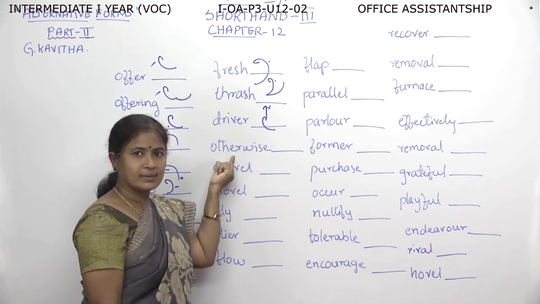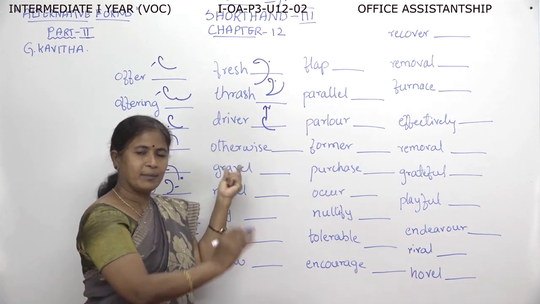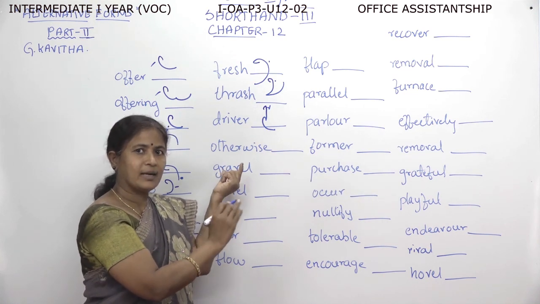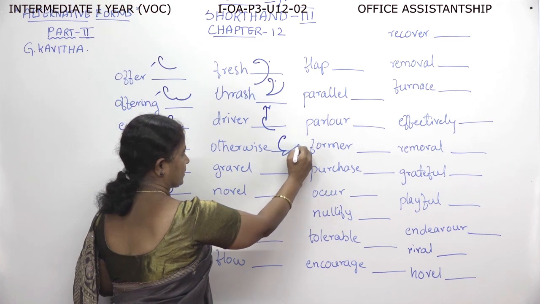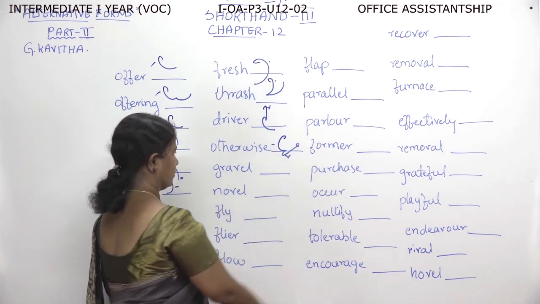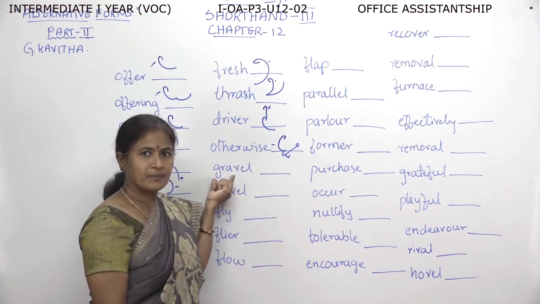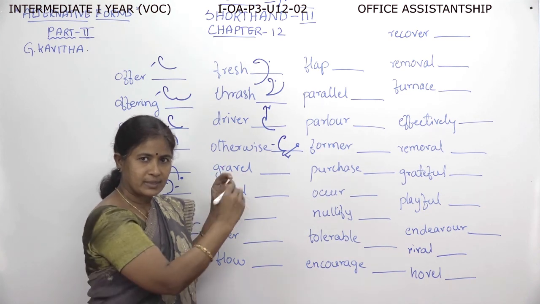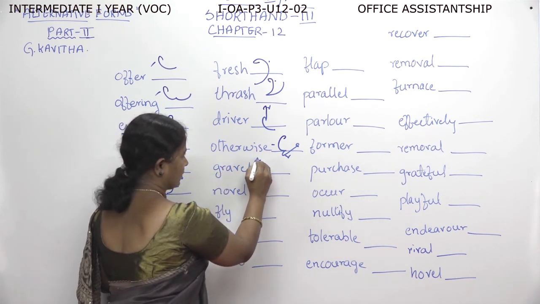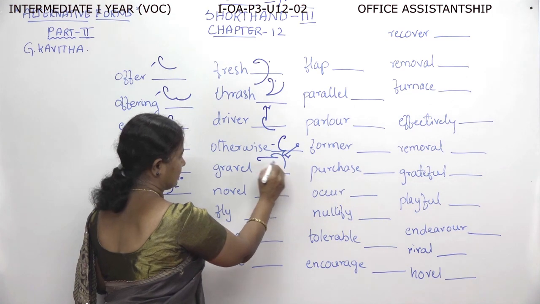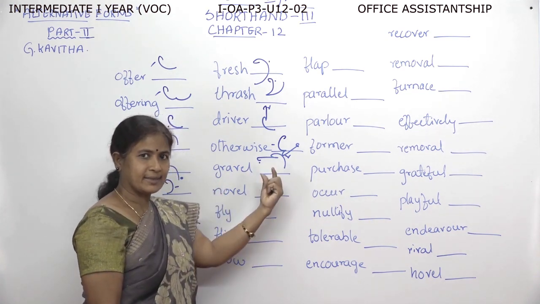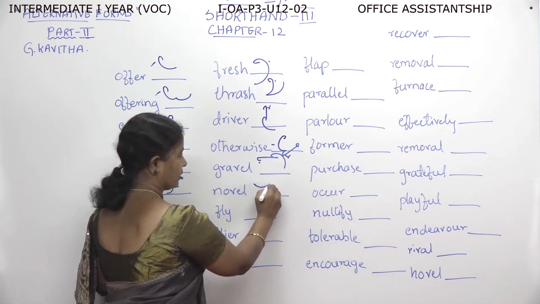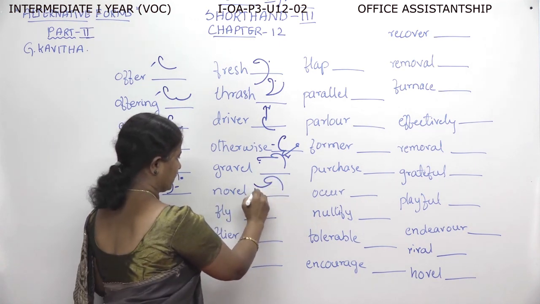Now otherwise. Which form? Try both forms and see. Other and wise. Otherwise. Gravel. Gr is going towards the right side, so gra and vel. Gravel. Same way, novel. N is going towards the right side, so right form. Novel.